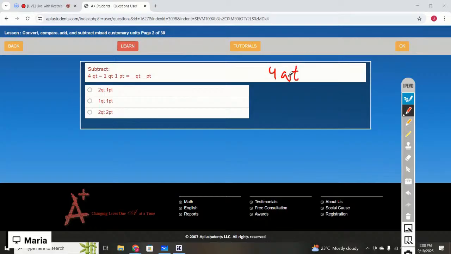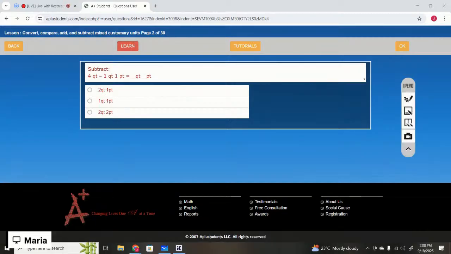So that is 4 quarts minus 1 quart, no, we don't have to convert it into pints. We just have to subtract quarts from quarts and pints from pints.